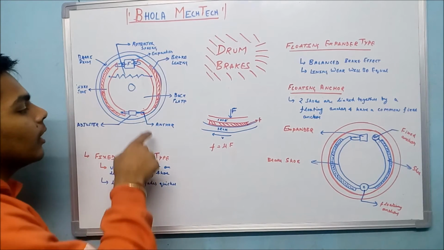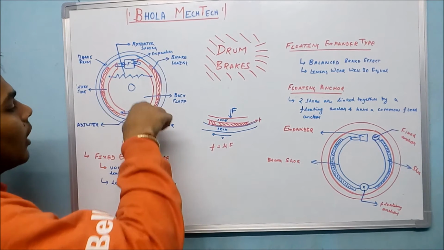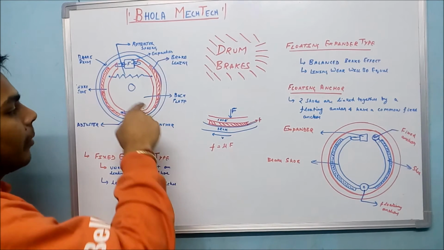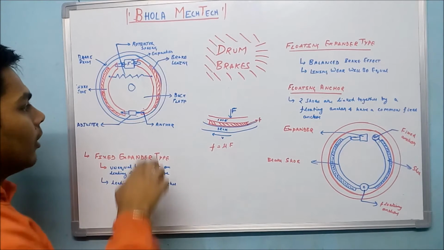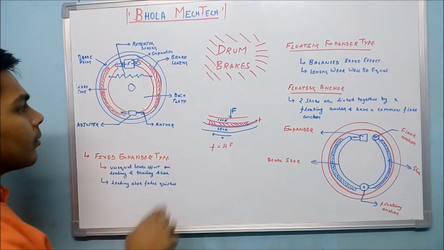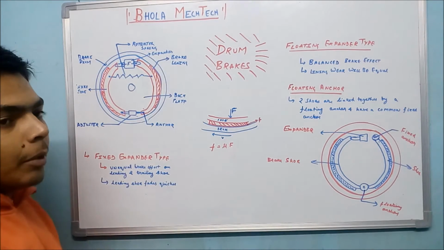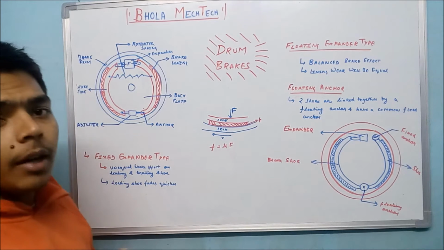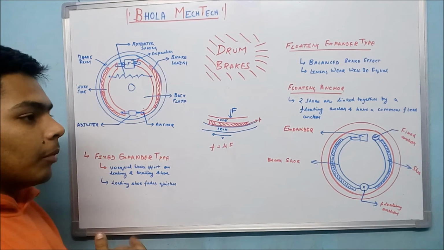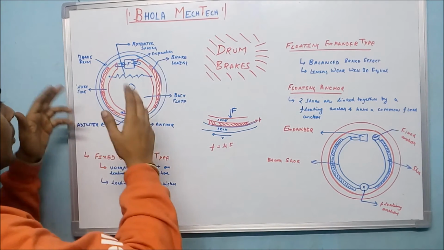Now the anchor is the pivot point from where these brake shoes are attached to the back plate, and it acts as a fulcrum when the force is applied. Now the expander. It may be a hydraulic expander or a mechanical expander. The mechanical expander uses mechanical links to exert force on the brake shoes.